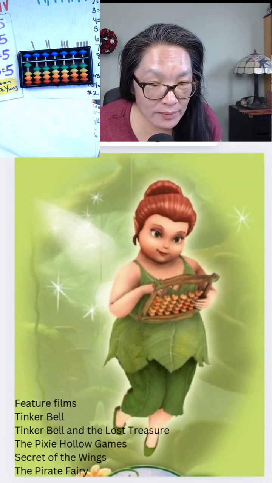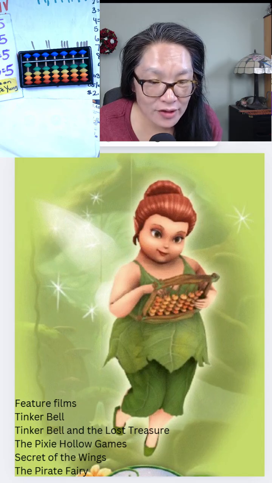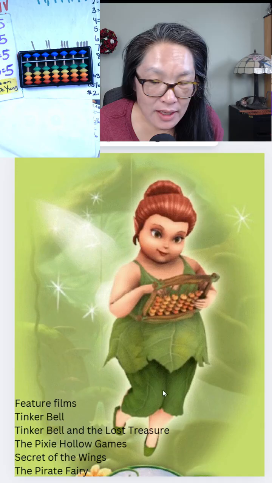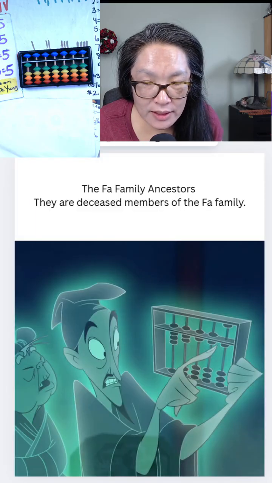Fairy Mary, somebody mentioned Fairy Mary. She also uses an abacus. And then in Mulan, the family ancestors actually use it too.